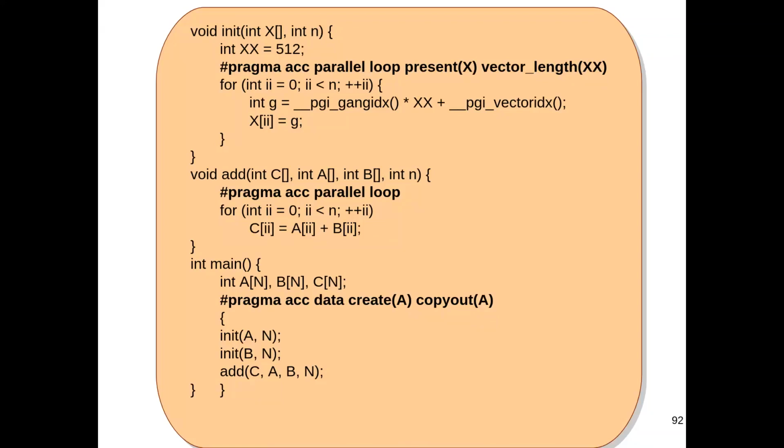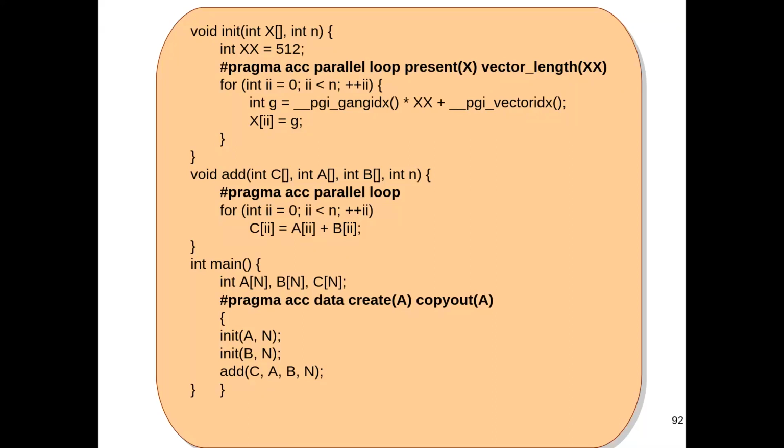Okay, let's see who is the first one to identify the error. Swapnil says C of n. Where? Inside main, is it? And why is it an error? I mean, why are we creating A? We could copy in and all that, right?